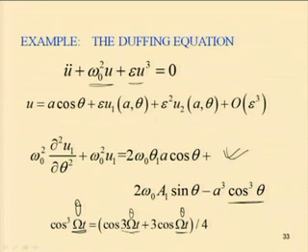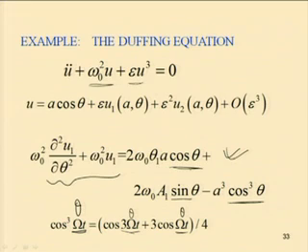Now, due to the presence of this term, that is sin theta and this cos theta, the solution will lead to infinity, because on the left hand side we have omega 0 square del square u 1 by del theta square plus omega 0 square u 1.